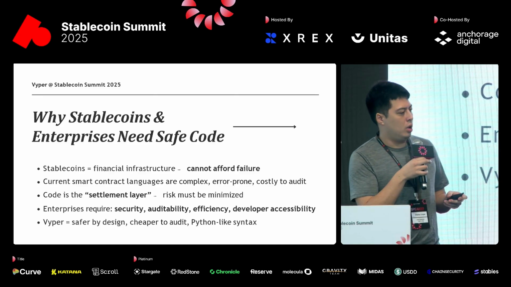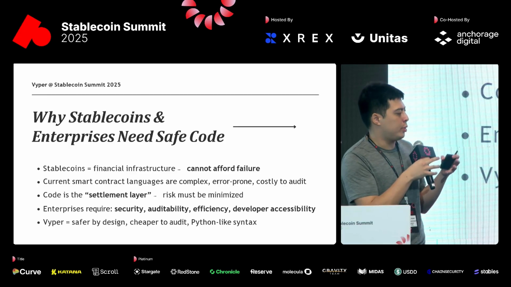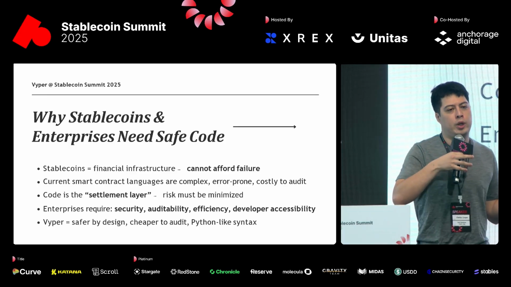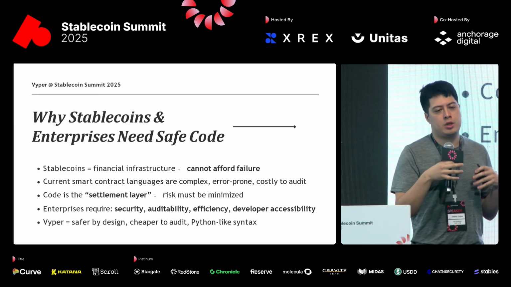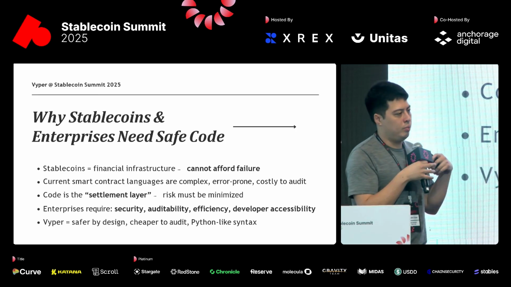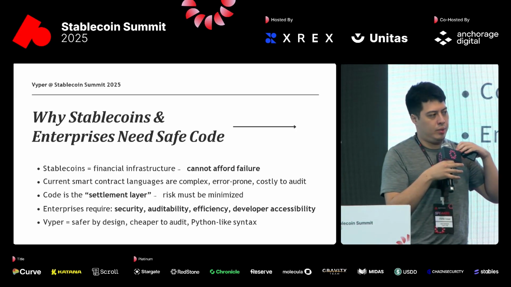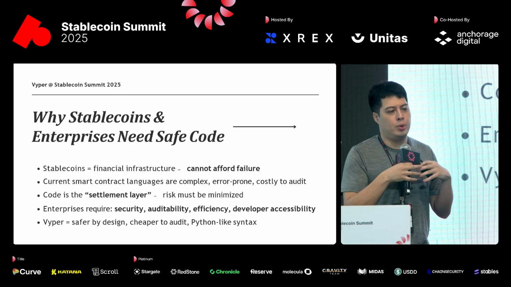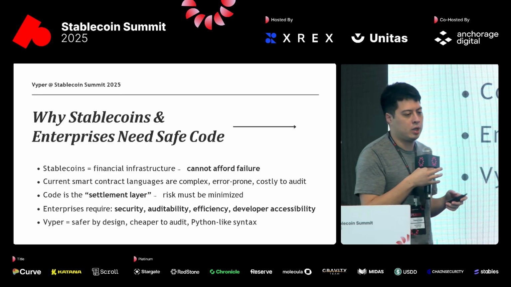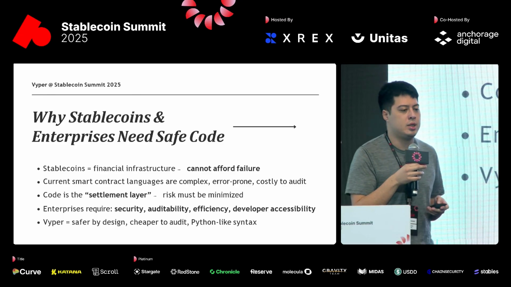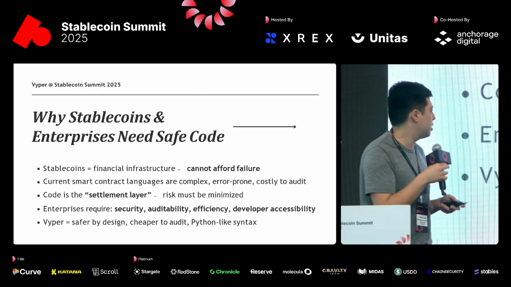But all in all, the goals of Vyper are very aligned with the goals of an enterprise, which is to develop robust software that is maintainable, easy to audit, easy to secure, and in the end correct, because any mistakes in the code can lead to some very expensive problems.